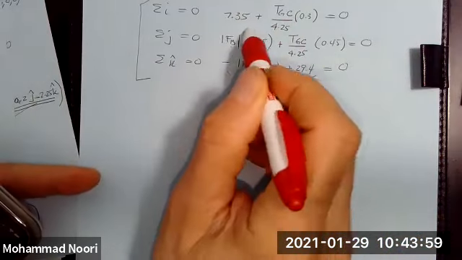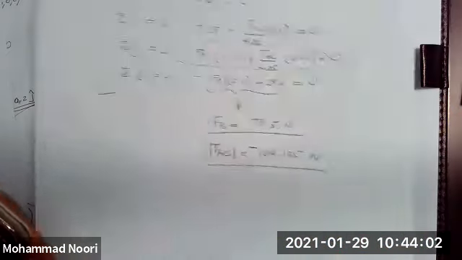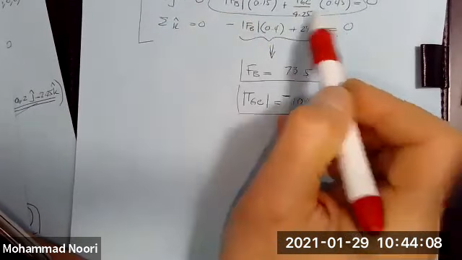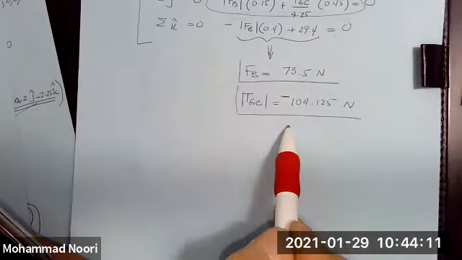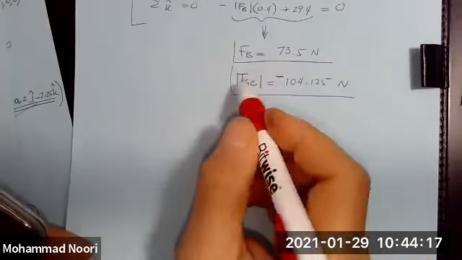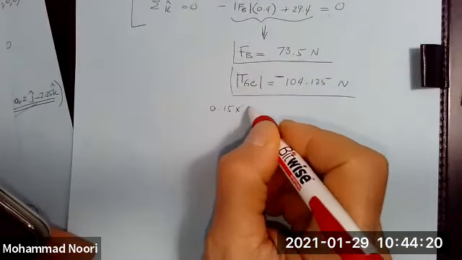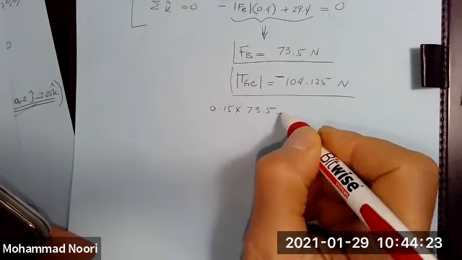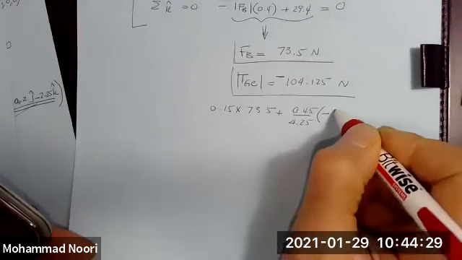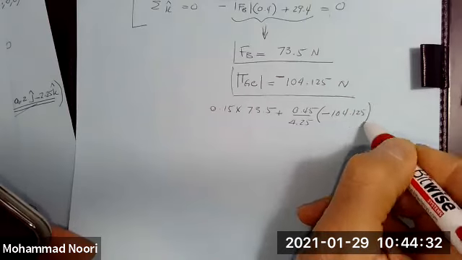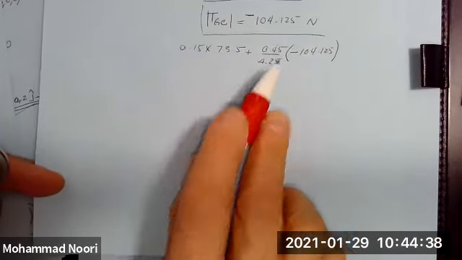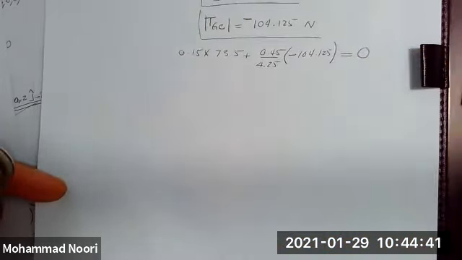So now you have one extra equation. What does this extra equation mean? You have already found the values, so you can just use this equation to verify that it is actually zero. That means the answers are correct. So if you multiply 0.15 times 73.5 plus 0.45 divided by 4.25 times minus 104.125 and add these up, you will see that this comes out to be zero.